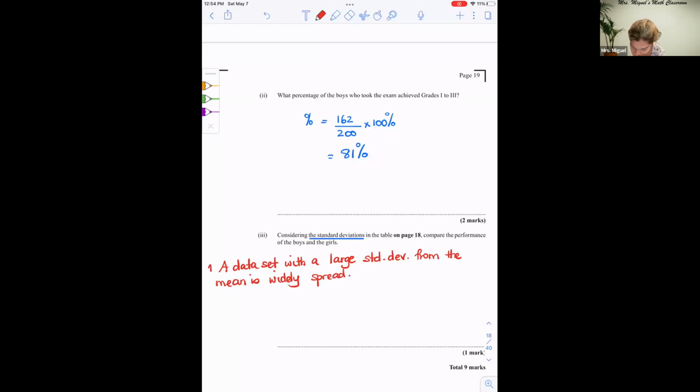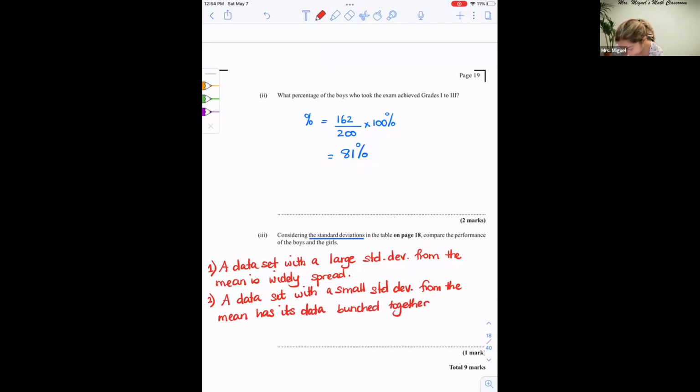Number 2: a data set with a small standard deviation from the mean has its data bunched together. So we will go to the table just now. Write down that.